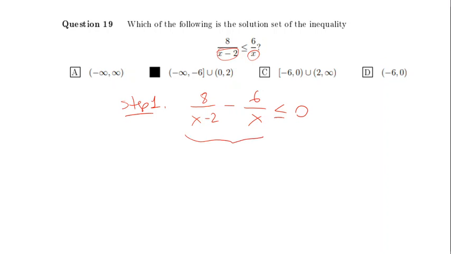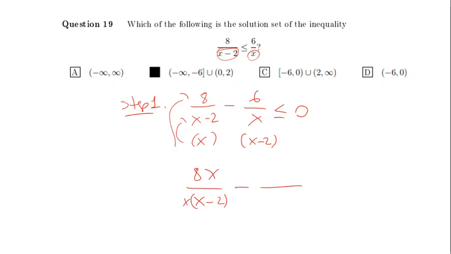Then the next thing is you have to write it as a single fraction. So how can you do that? We have x, and here x minus 2. Then you multiply, you get 8x over x minus 2 times x minus 2 minus x times x minus 2.